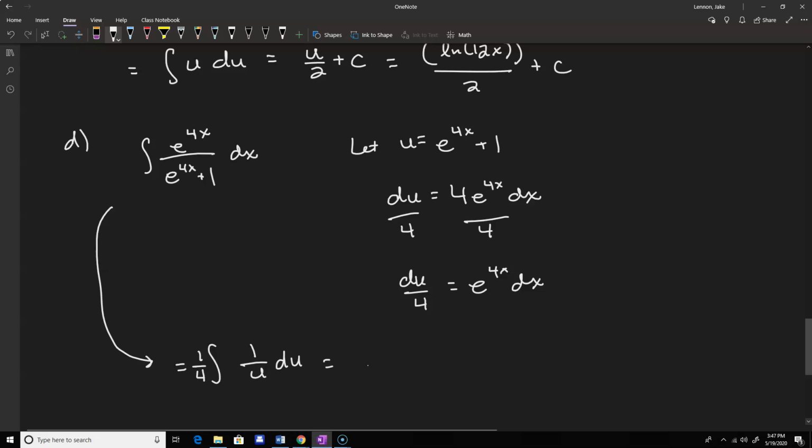So this would just end up being 1/4 the natural log of the absolute value of u plus a constant, and we can change u back into e to the 4x plus 1 plus a constant. Again, this is just our substitution up here. So pretty straightforward there.